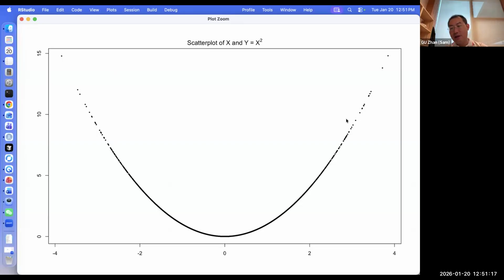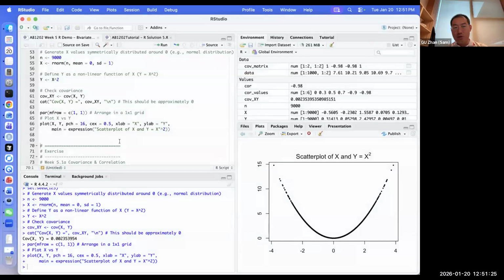But there is a clear relationship between x and y. Although it is not a linear relationship, rho xy is a good measure if x and y have somehow a linear relationship. But if it has a relationship but it's non-linear, then rho xy might not be able to capture the strength of the non-linear relationship.